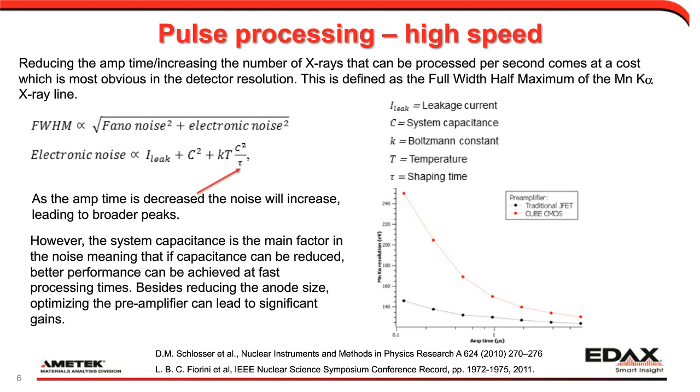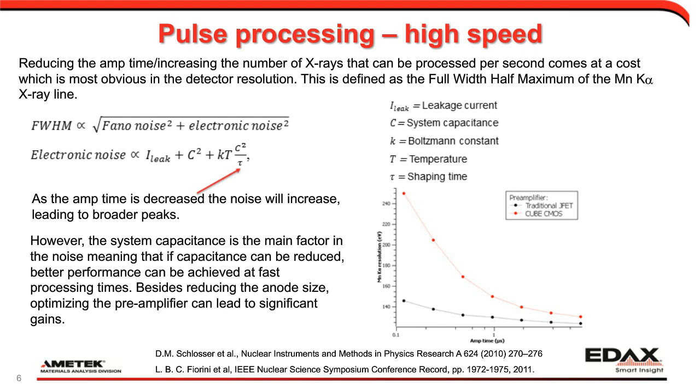So the CUBE CMOS is the one that has the better resolution. We get a significant resolution improvement by switching to the CUBE CMOS, in particular when we go to the very fast shaping times. These are comparisons for similar modules, similar size.